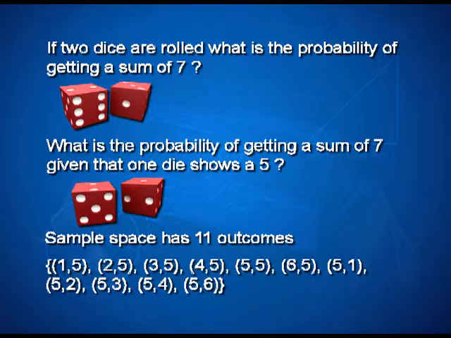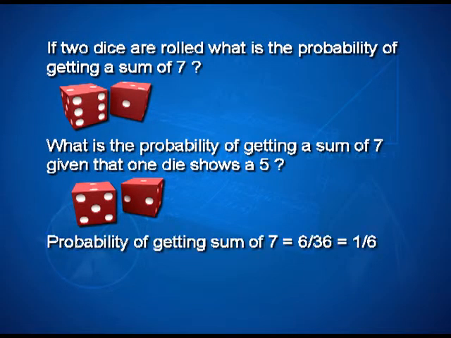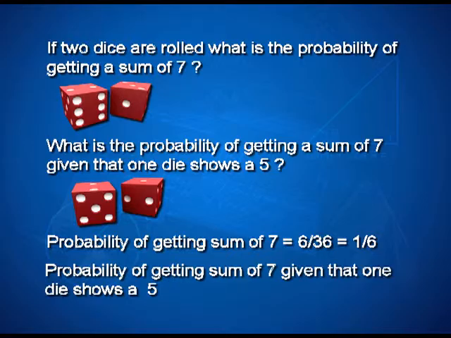So, if I want to talk about the probability, then in the first case the probability of getting a sum of 7 is 6 by 36, that is the same as 1 by 6. Whereas, in the second case, the probability of getting a sum of 7 given that one die shows a 5 reduces to 2 by 11.